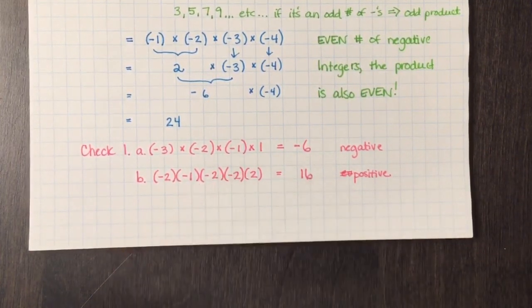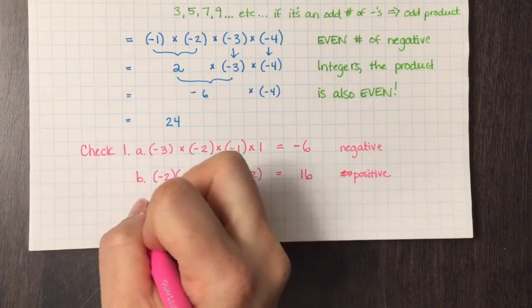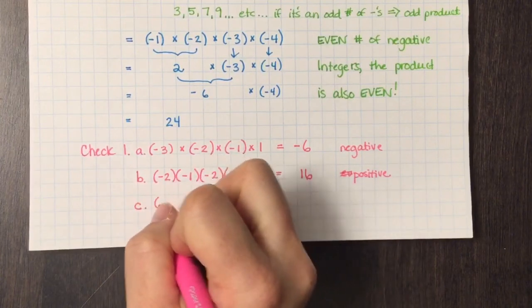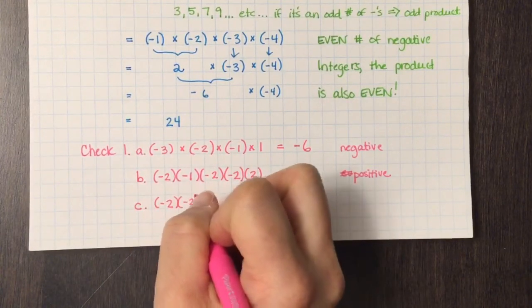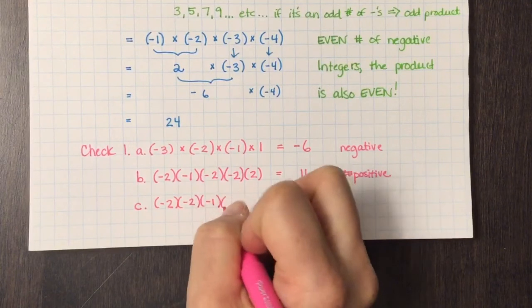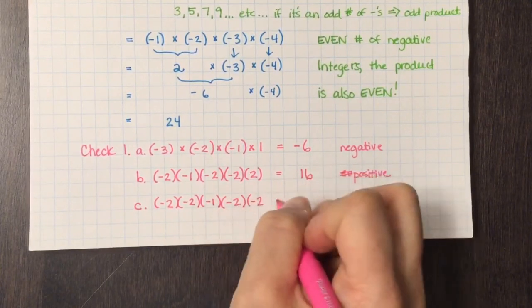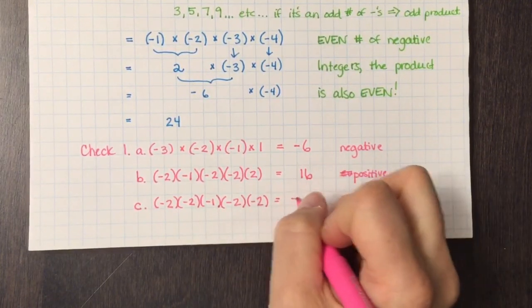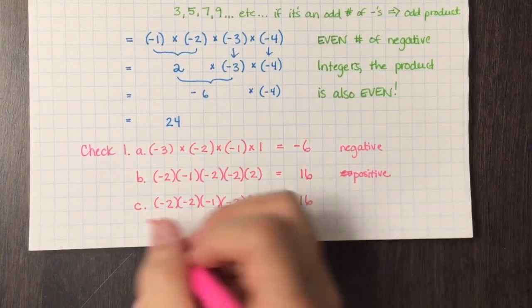Try C and D. What do you get? -2, -2, -1, -2, -2. Your answer is -16. Right on.